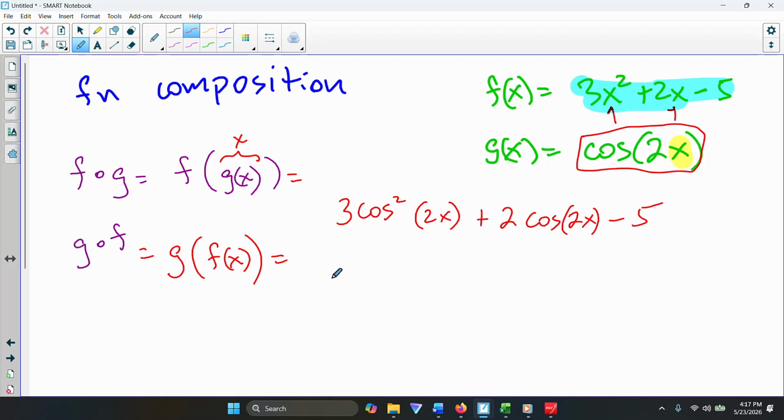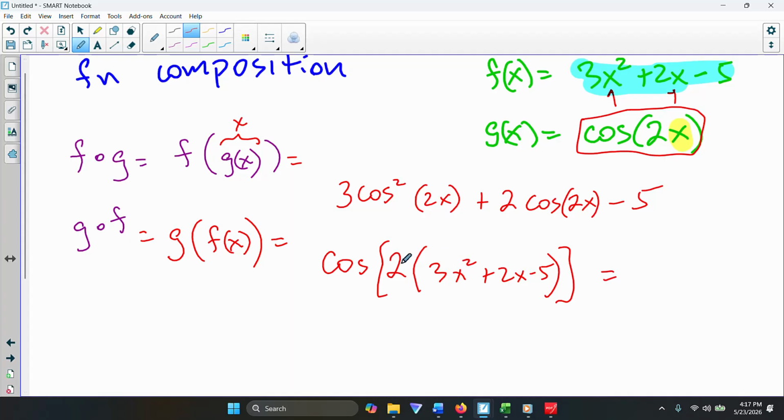This is going to be cosine of 2 times, and every time I see a letter X, in this case only one appearance, I'm going to plug in the whole F function: 3x squared plus 2x minus 5. For emphasis, I could leave it like this, or I could open the parentheses and distribute. So this is cosine of 6x squared plus 4x minus 10.